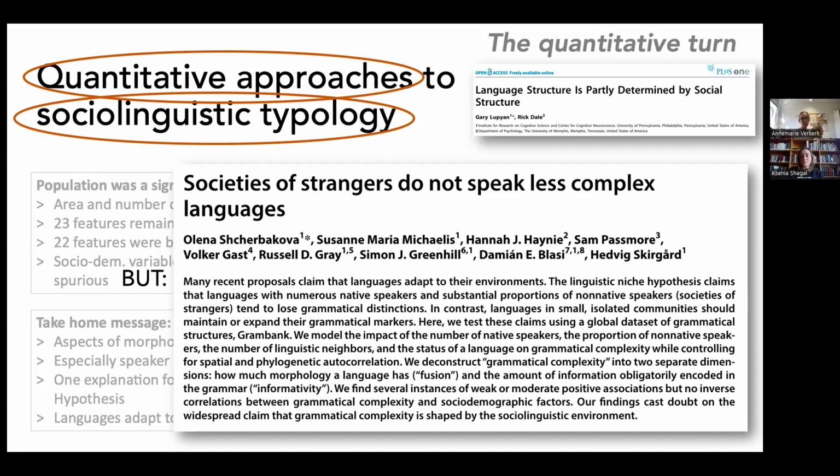It was kind of refuted by this "Societies of Strangers do not speak less complex languages" paper, right? So this is from last year, I think 2023. So Lupien and Dale have been falsified, but I also encourage you to look at that paper and try and compare the two, but we could come back to this if need be. And also it would be a good paper to present if you are one of those credit students.